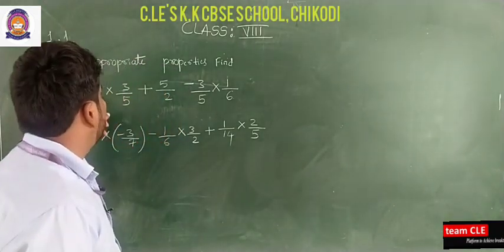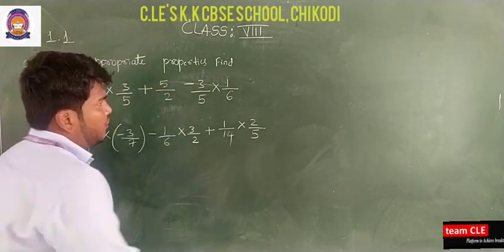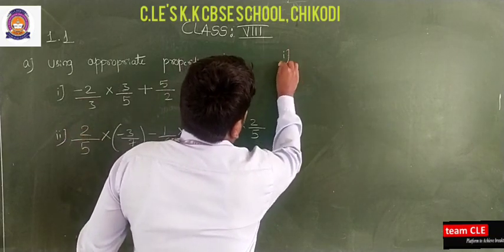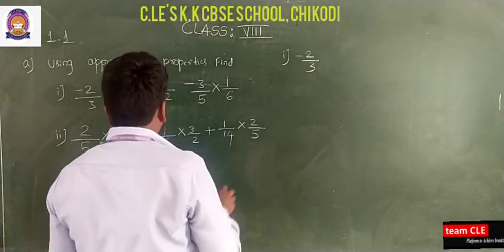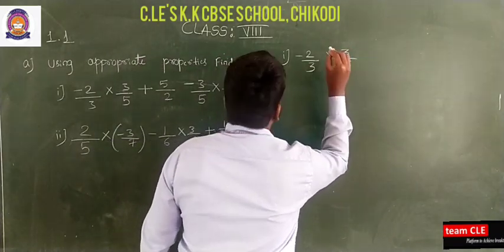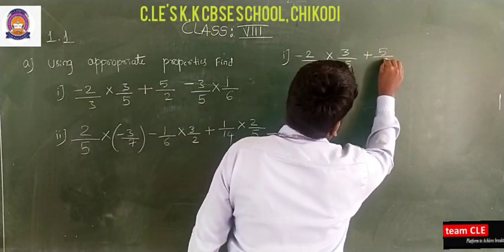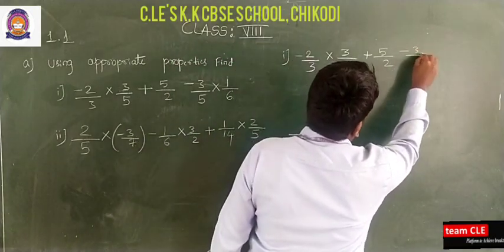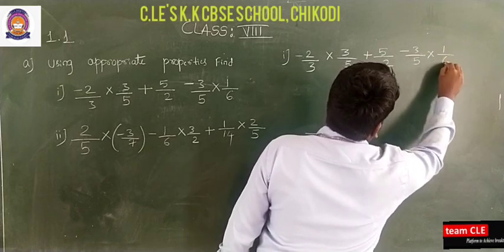So see here, the first question is using appropriate properties find. The question is minus 2 by 3 into 3 by 5 plus 5 by 2 minus 3 by 5 into 1 by 6.